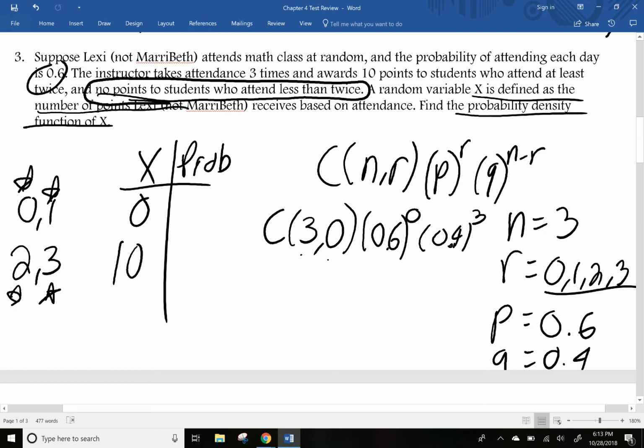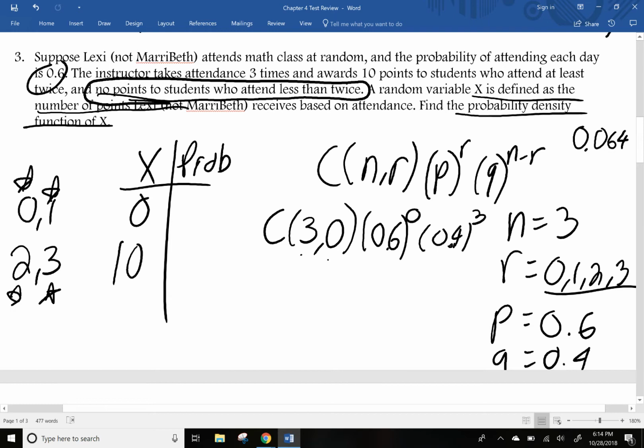Then we're going to multiply that by 0.6 to the 0 power, and then multiply that by 0.4 to the third power, and that equals 0.064. So that is the probability that Lexi goes to class 0 times.